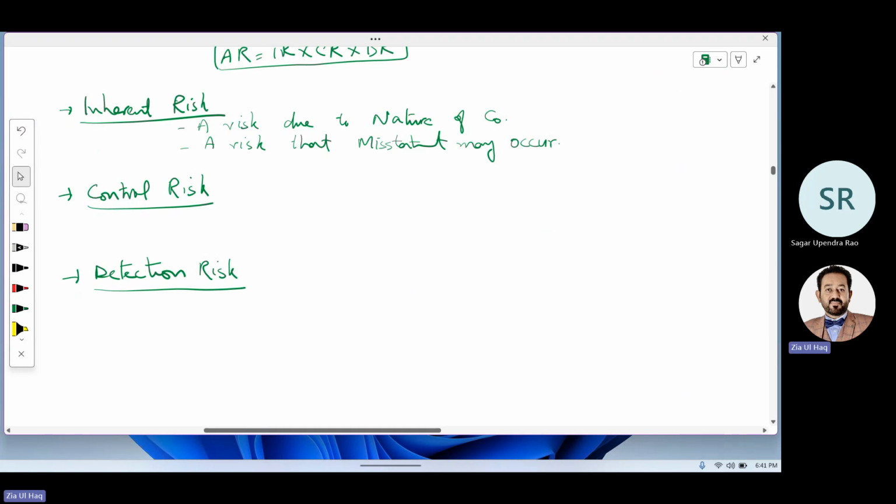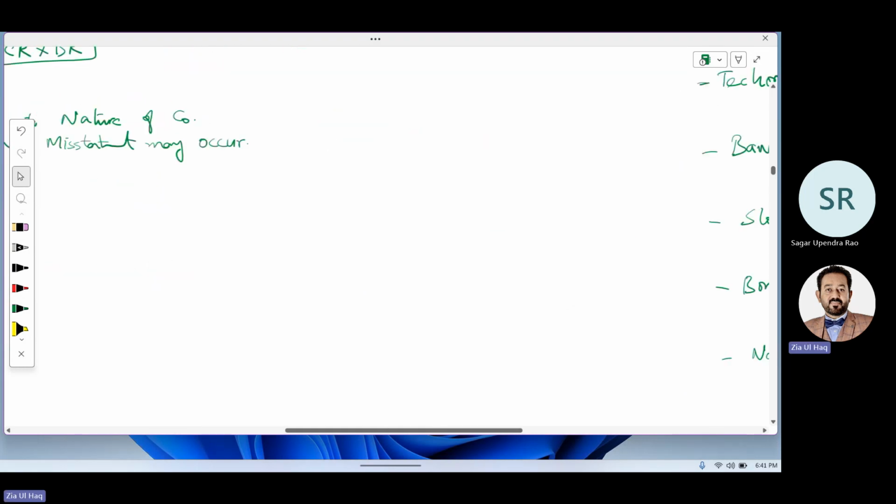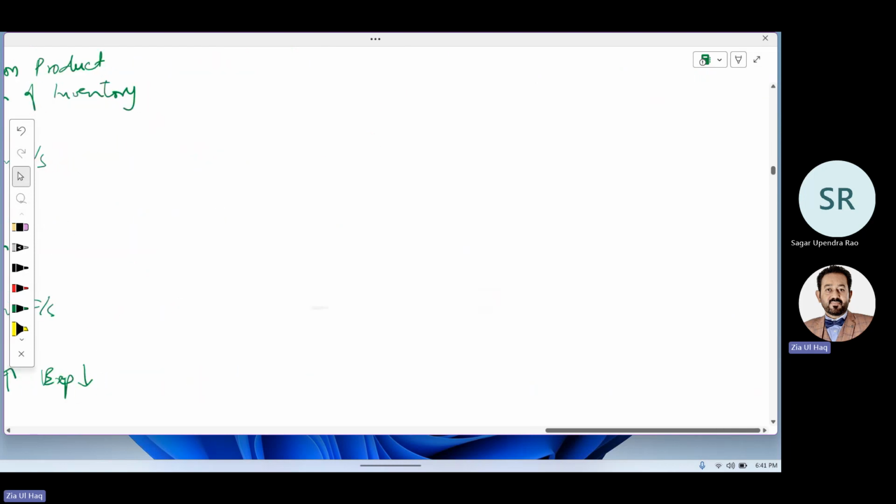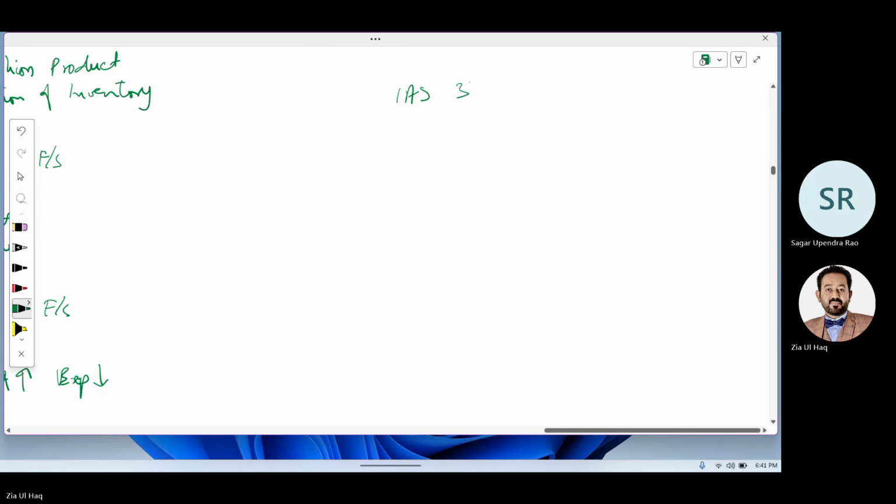Have you learned IAS 37 in your life? Let's discuss IAS 37, because in most audit risk questions, the examiner has one example of IAS 37 audit risk as well.